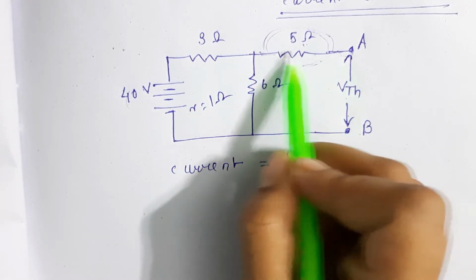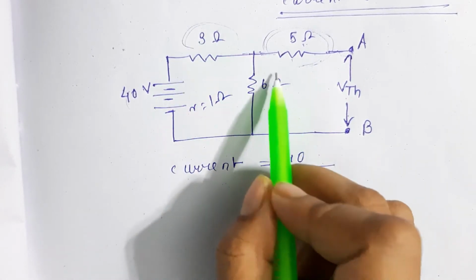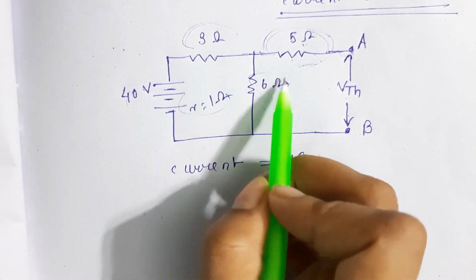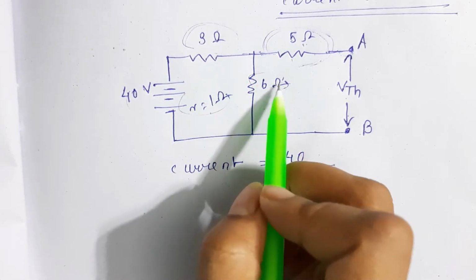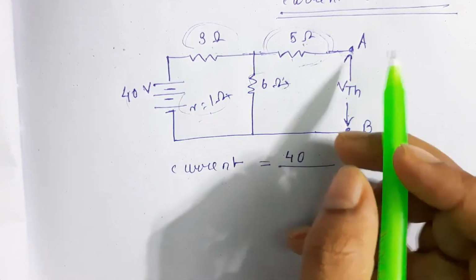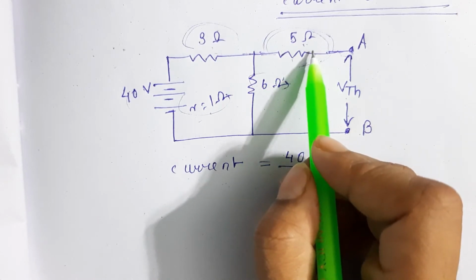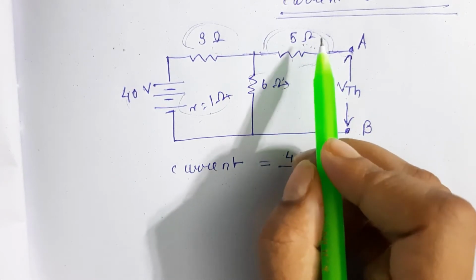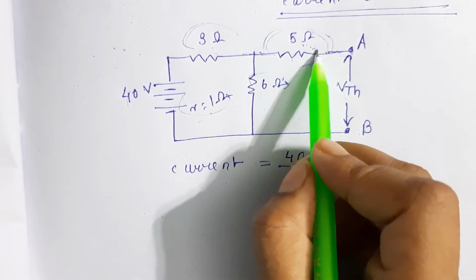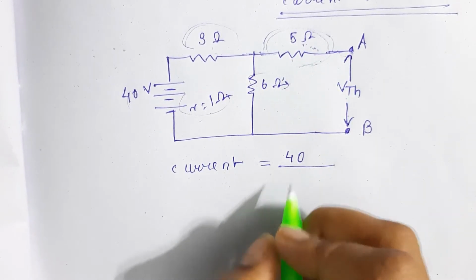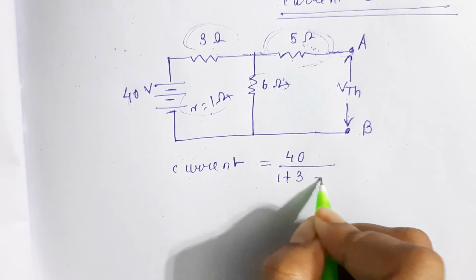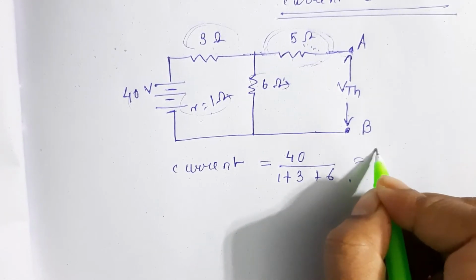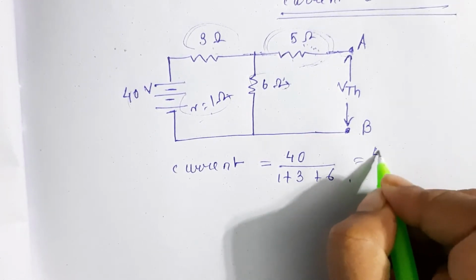We will consider only these 3 resistances, 3, 6 and 1. So it will be 40 by 1 plus 3 plus 6, which equals 4 ampere.